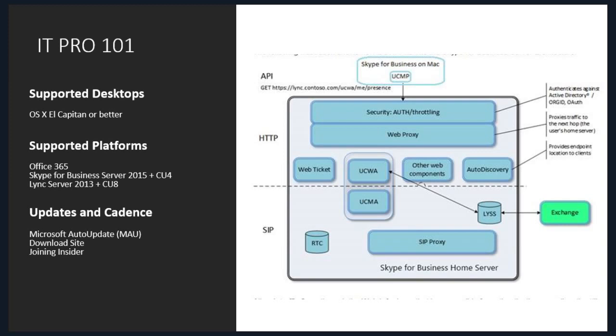So there's a big server component behind the scenes called UCWA that handles a lot of the application logic, where you can see there's an HTTP front end. It hosts a lot of that stuff so that it takes the load off the client and maintains it on the server side.